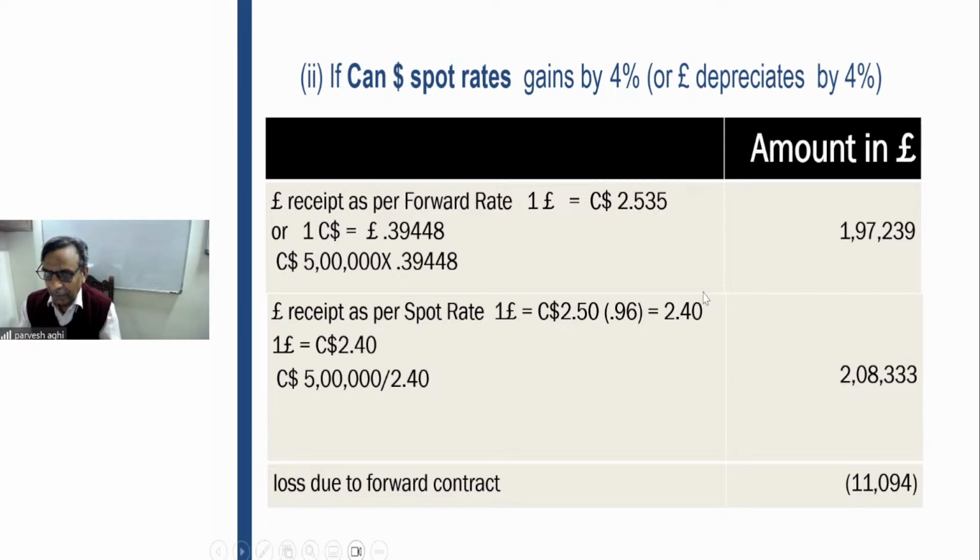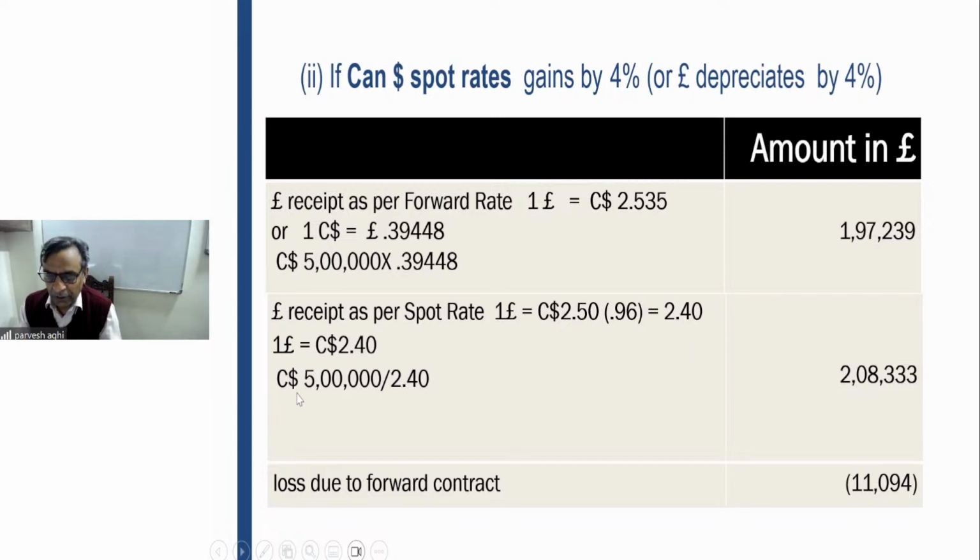I have done it here. So £1 is equal to 2.5 into 0.96. Why? Because the pound has depreciated by 4%. So that means the pound will be equal to 2.4 Canadian dollars.